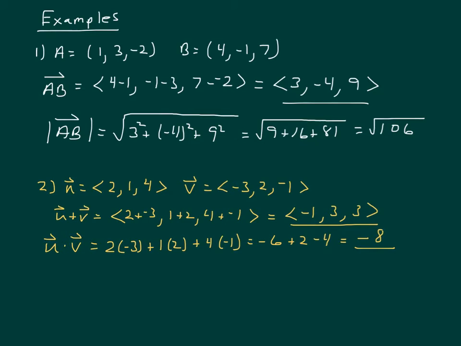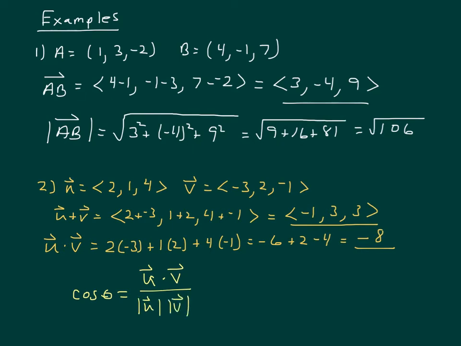Now, all the things that you dealt with in the last section in terms of the angles between two vectors, and when the vectors are orthogonal or not, are still going to be true. I know, even in 3 dimensions, that the cosine of the angle between the two vectors is equal to the dot product of u and v over the magnitude of u times the magnitude of v.